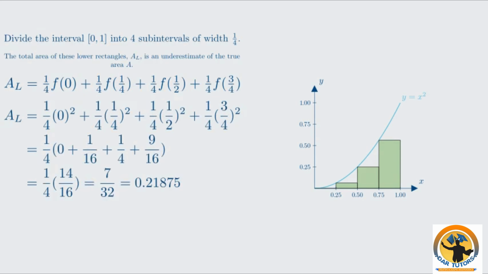Substituting the function f of x equals x squared, we get 1/4 times 0 squared, plus 1/4 times 1/4 squared, and so on. This simplifies to 1/4 times the sum of 0, 1/16, 1/4, and 9/16. The total is 1/4 times 14/16, which is 7/32, or 0.21875. So we know A is greater than 0.21875.